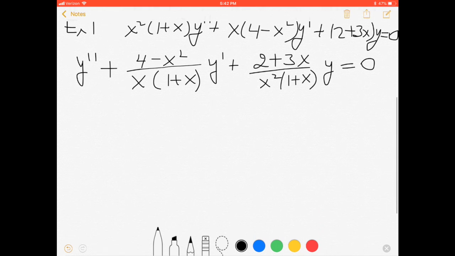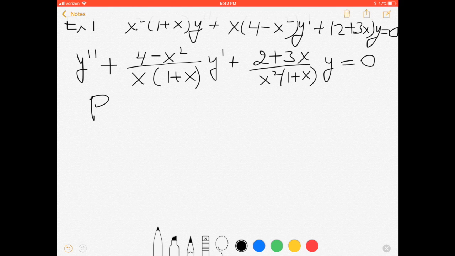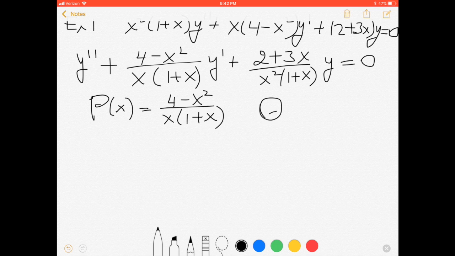Big P(x) will be (4 minus x squared) over x(1 plus x), and big Q(x) will be (2 plus 3x) over x squared (1 plus x).